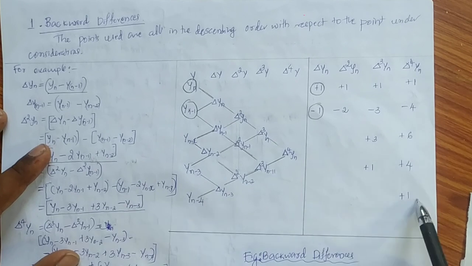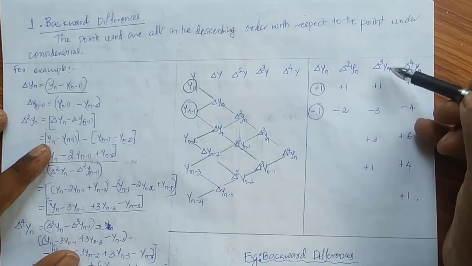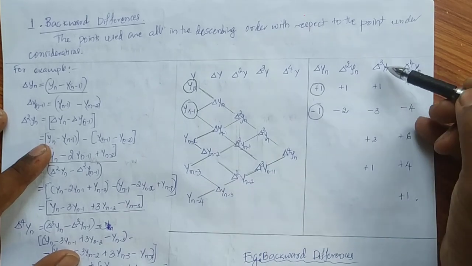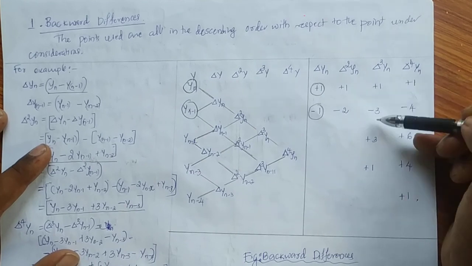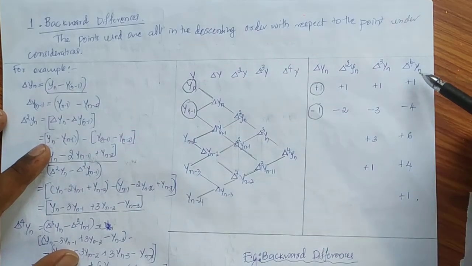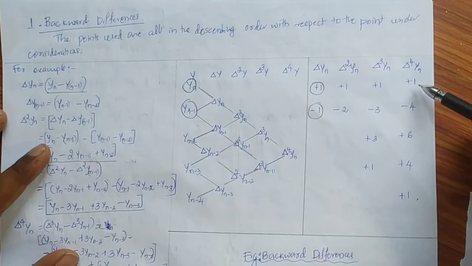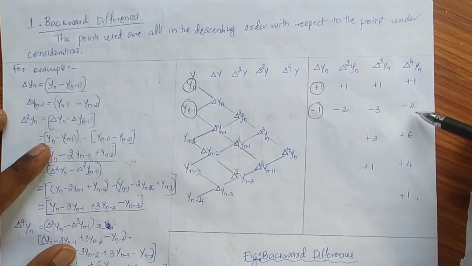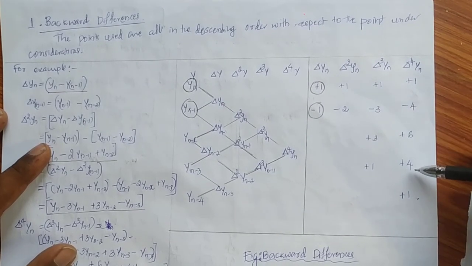You should write down these values. Delta cube yn is nothing but plus 1, minus 3, plus 3, minus 1, and delta to the power 4 yn, there you need to write plus 1, minus 4, plus 6, minus 4, plus 1.